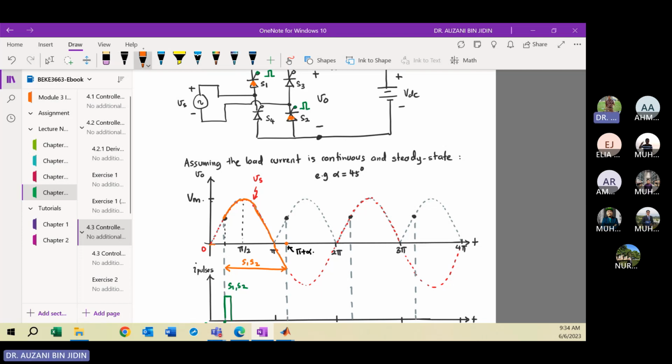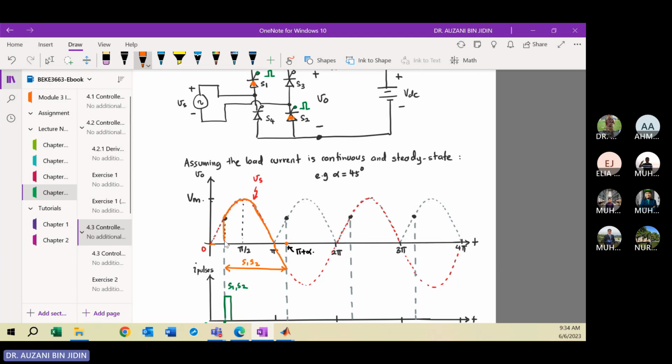You can see here the output voltage when S1 and S2 are turned on. Then you can see there is a negative area here, because of the inductive load. Okay, clear?